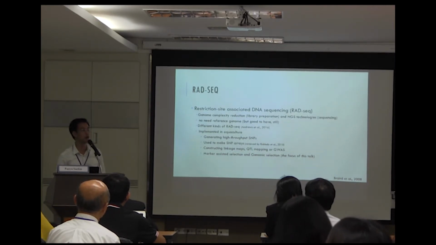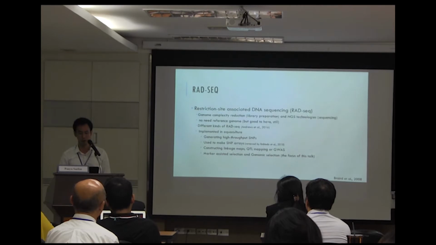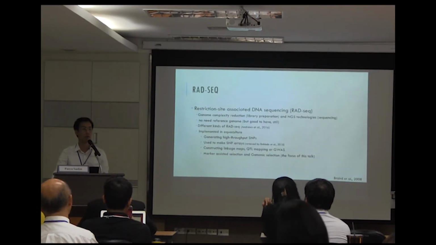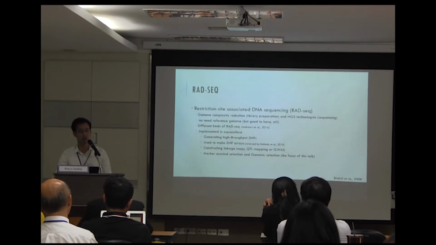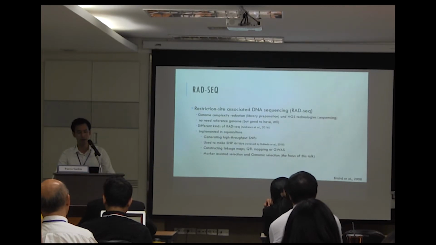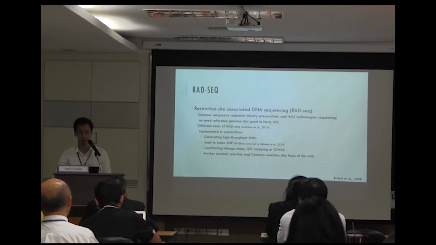RADseq is restriction site associated DNA sequencing. It's a combination of genome complexity reduction by using restriction enzymes together with next generation sequencing technologies. With this approach, we don't need any prior knowledge, for example, of the reference genome assembly. We don't need to have that, but it's good to have. There are different kinds of RADseq, and they have already been reviewed, so you can have a look later.